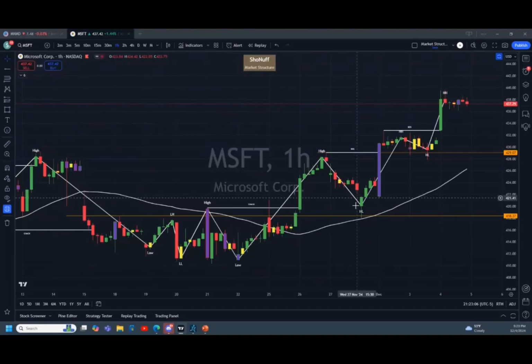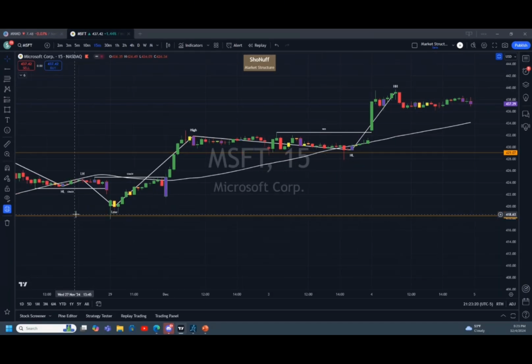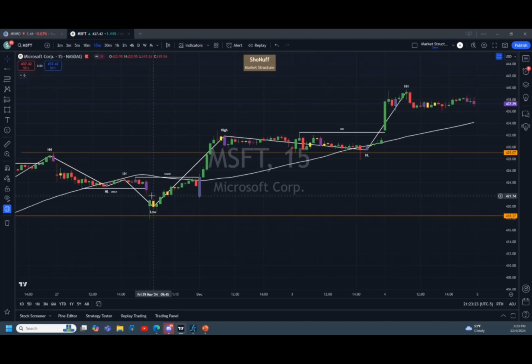That's 421. You would have to put your stop loss $3 below. But if you drop down to a smaller time frame, 420 is like a $2, so you're risking $2 instead of $3. But as you get familiar and understand candlesticks at certain areas, you start recognizing them.